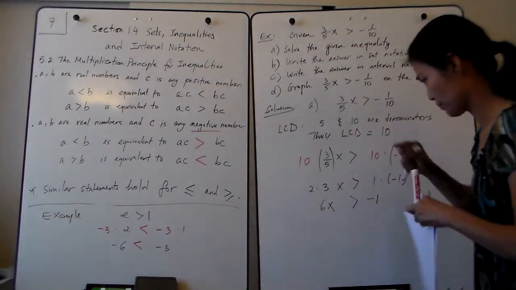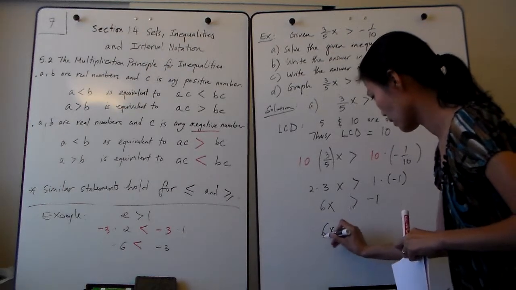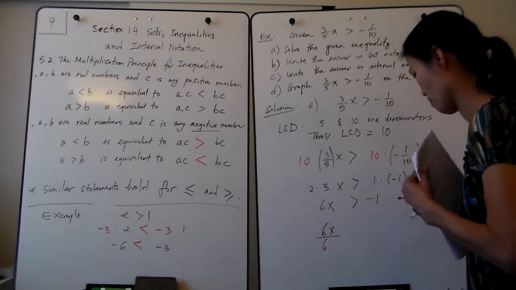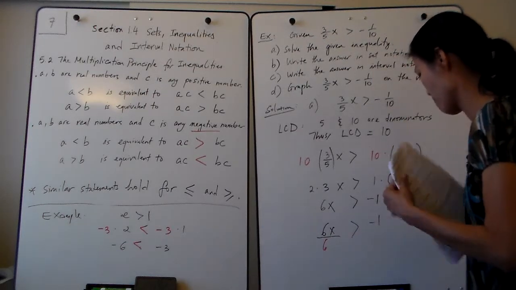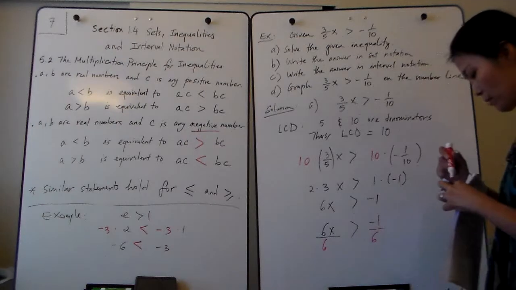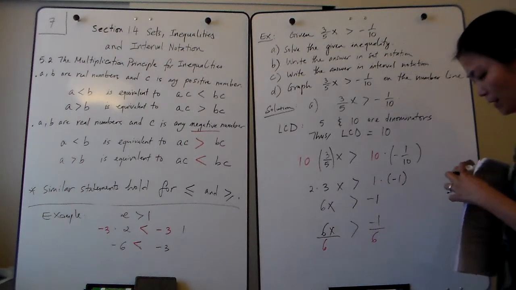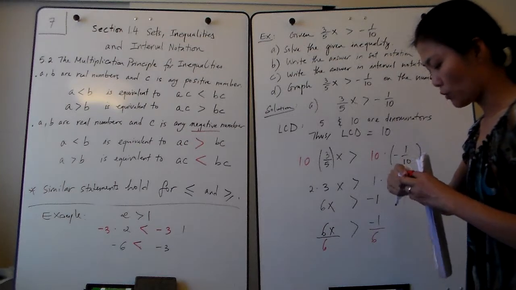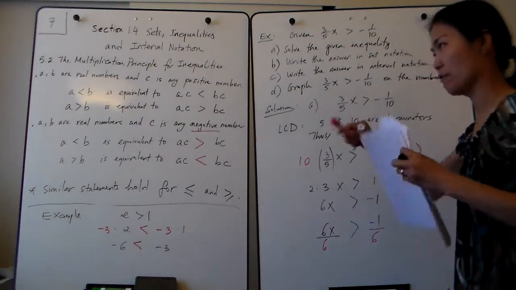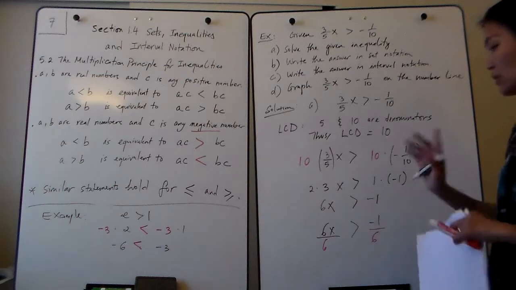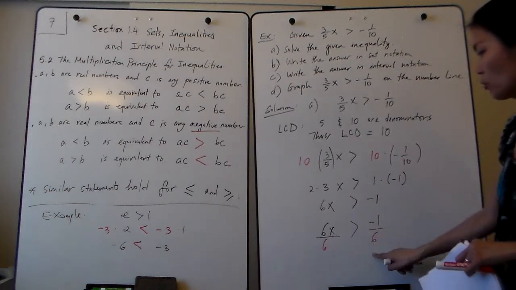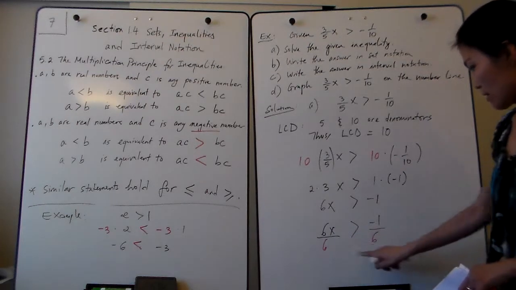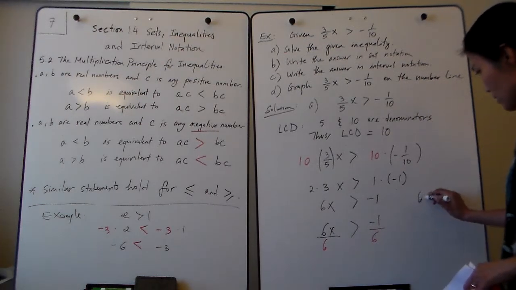Before applying the multiplication principle, make sure you verify the number you divide by, whether it's positive or negative. You just divide by 6, and 6 is positive.